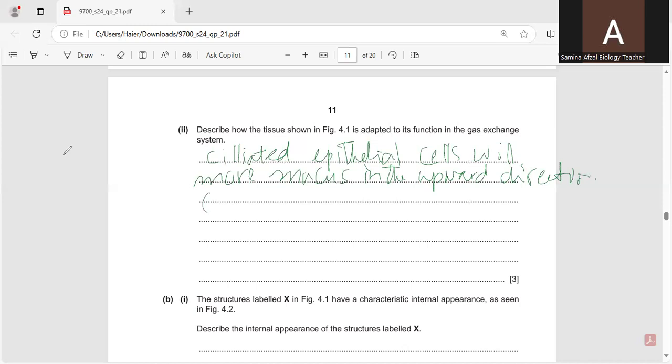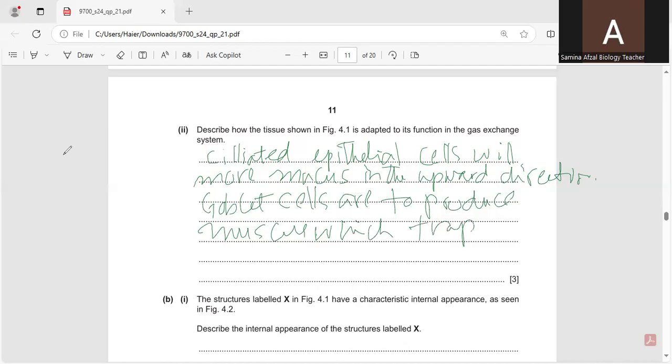And goblet cells are meant to produce mucus, which traps dust particles and microbes and stops them from entering, because ciliated epithelial cells have hair-like structures which help the mucus to move in the upward direction into the throat.